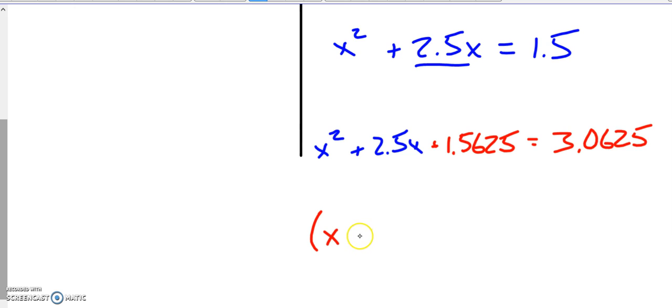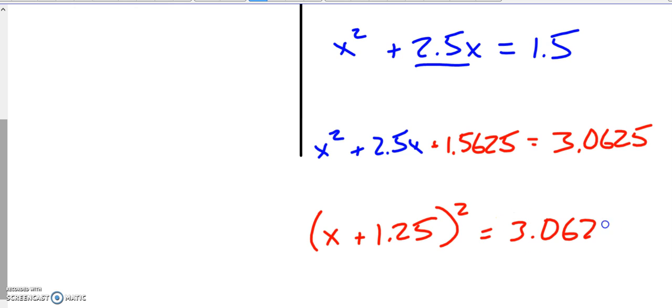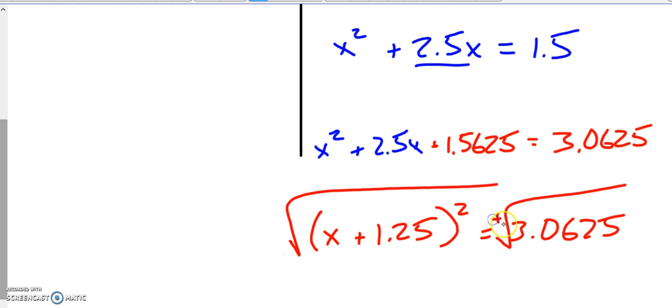1.25. We know that that's going to be squared, and it's going to equal my 3.0625. And then what we can do from here is square root both sides, remembering that we're going to have a plus minus situation. These will cancel. We'll have x plus 1.25 equals plus or minus.